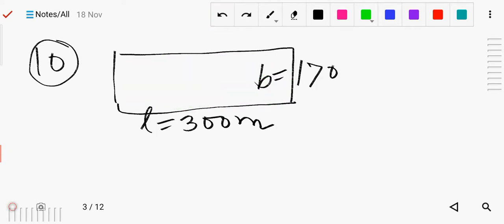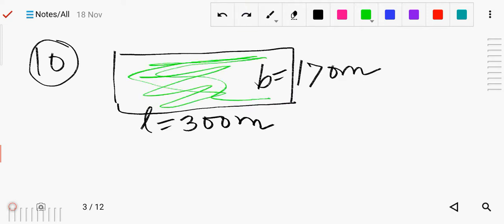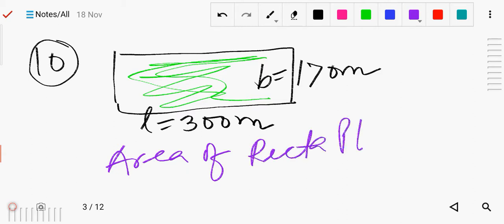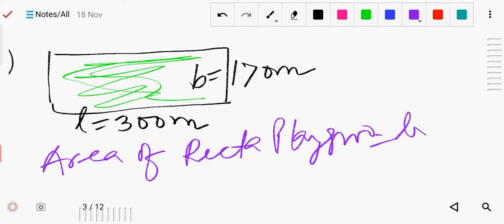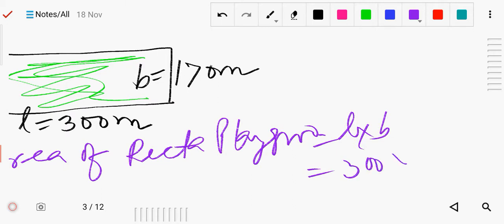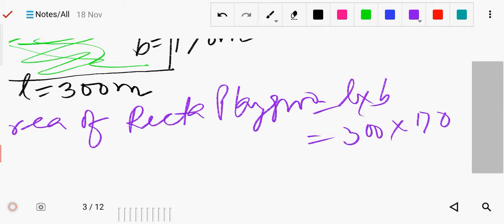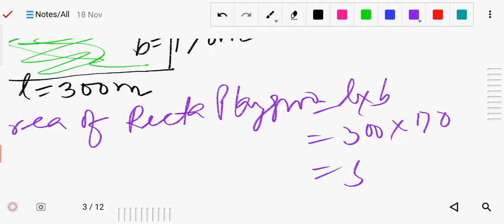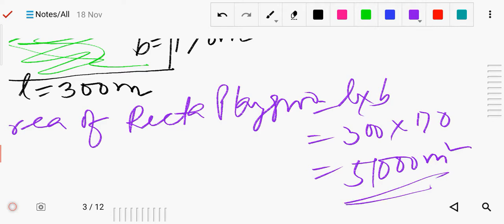So you have to find the area of the rectangular playground, which will be L into B. L is 300, so 300 into 170. You can multiply these two, and you will get 51,000 meter square. So this is the area of this playground.